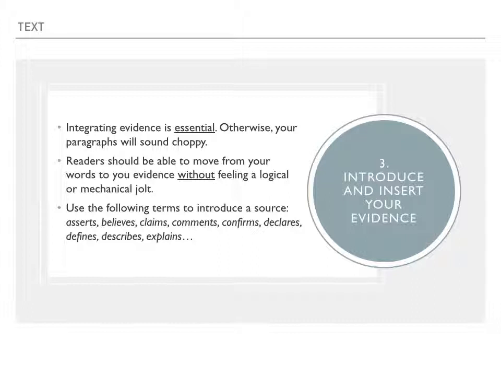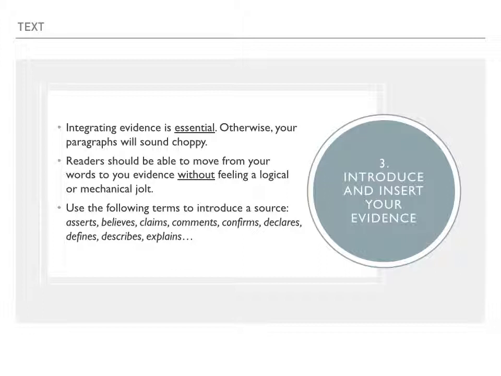Next, I then want to introduce and insert my evidence to help support this topic sentence, this argument I'm making in this one paragraph. So integrating my evidence is essential. Otherwise, the paragraph will sound choppy. So I have to make the evidence flow.